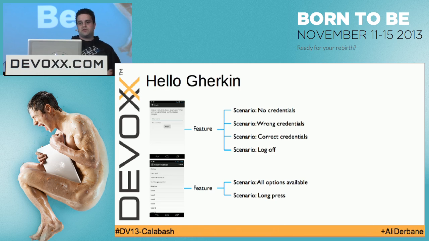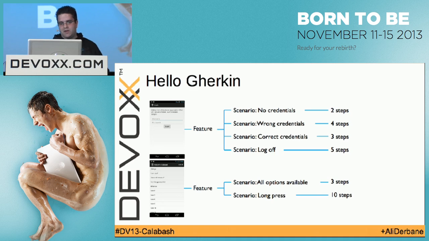What happens when you press a specific action? When you write your application, you know beforehand what you expect the behavior to be. And in each scenario, obviously, you have some steps. So, for example, when you log in, you fill in your username, you fill in your password, and you press the login button. Those are three steps that you can take to test the functionality of your login page.